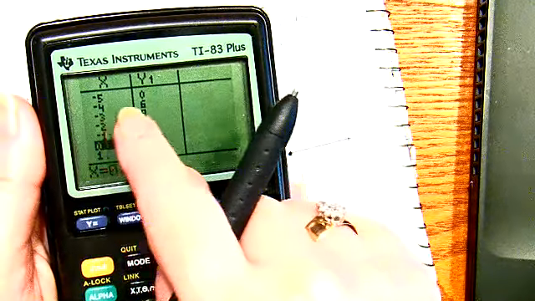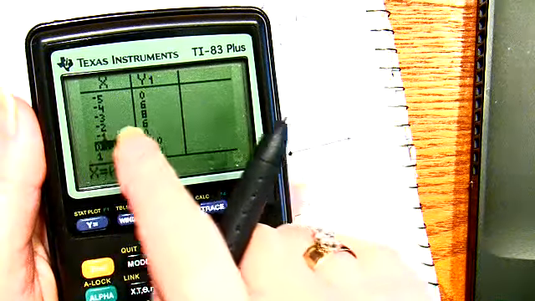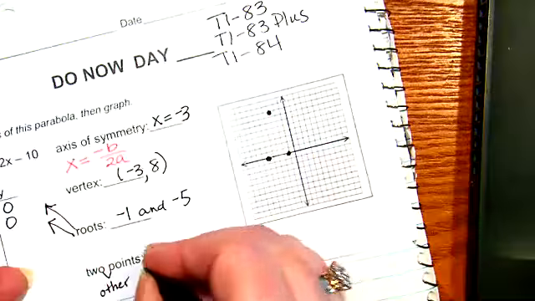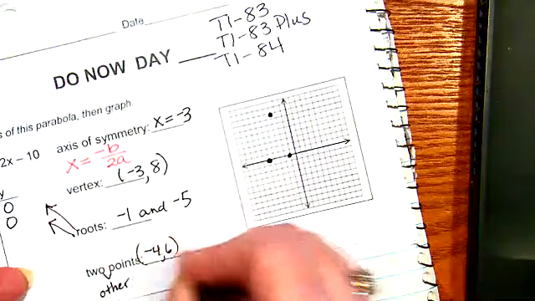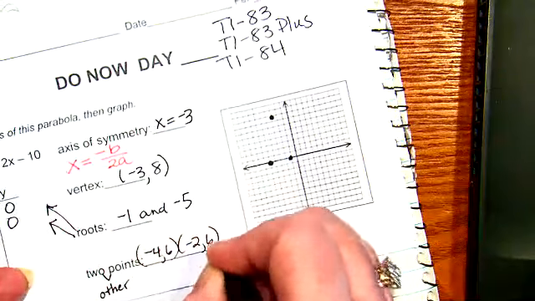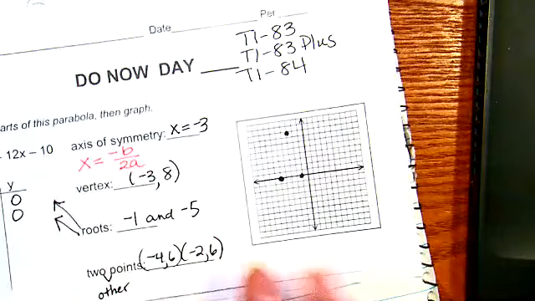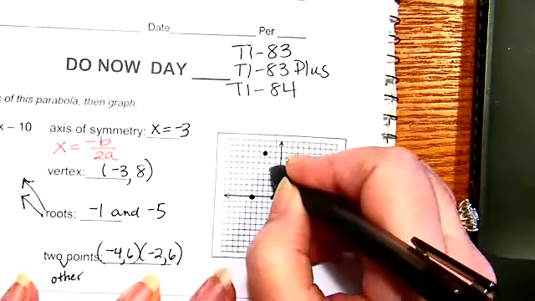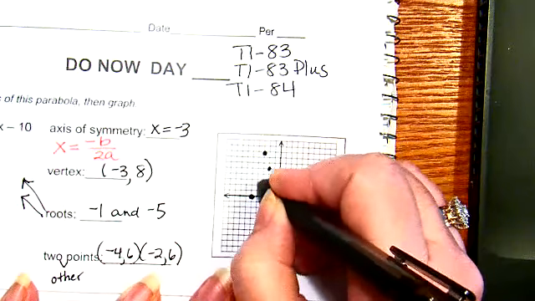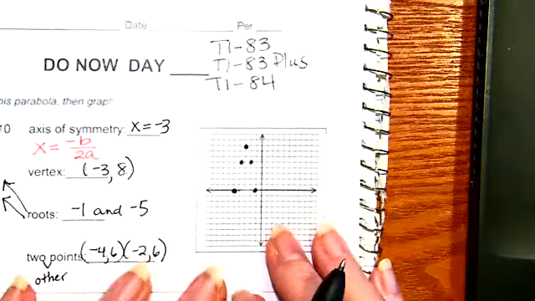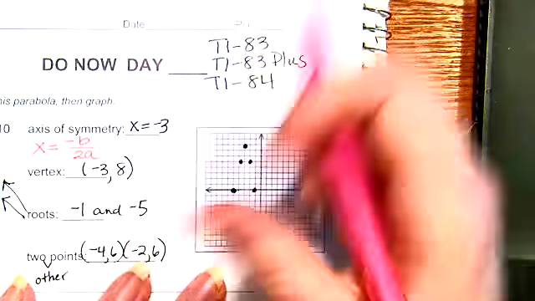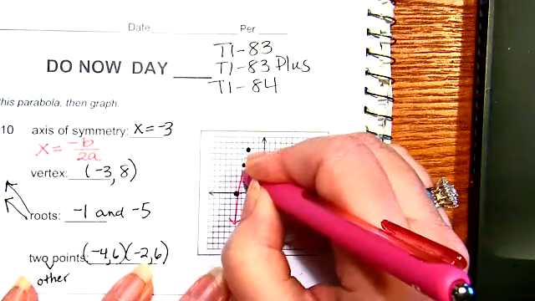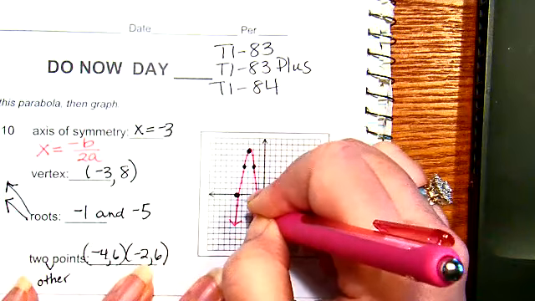And here's a -4, 6, and -2, 6. And now I have 2 other points that are really good. -2, 6, -4, 6. And you have more dots that you can use to graph a very specific and detailed graph.